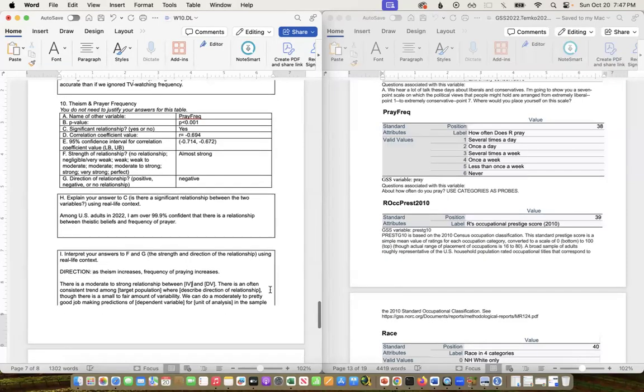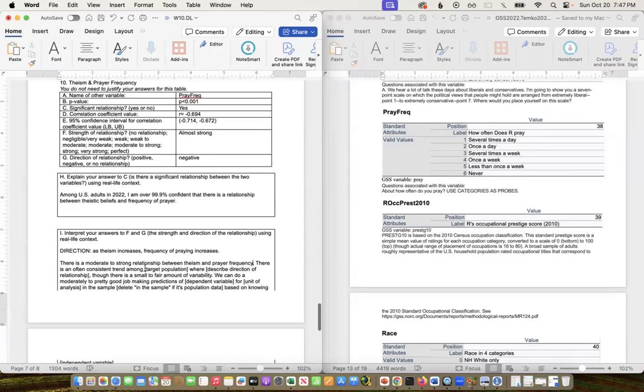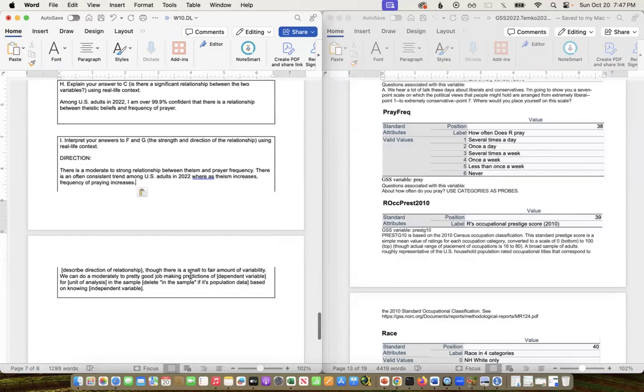Okay, there's a moderate to strong relationship between theism and prayer frequency. There is an often consistent trend among US adults in 2022 where as theism increases, frequency of praying increases.